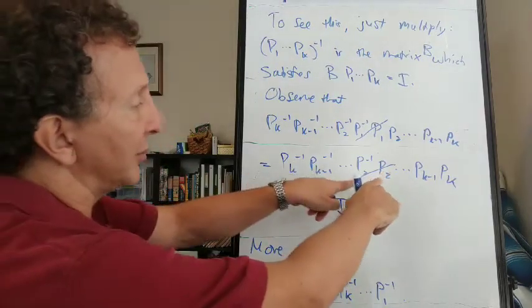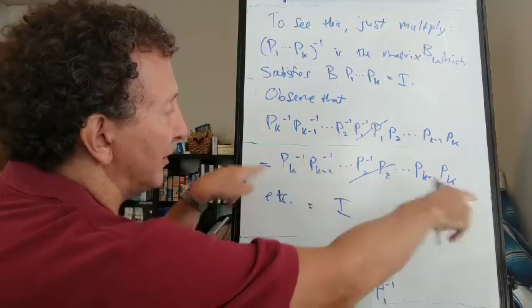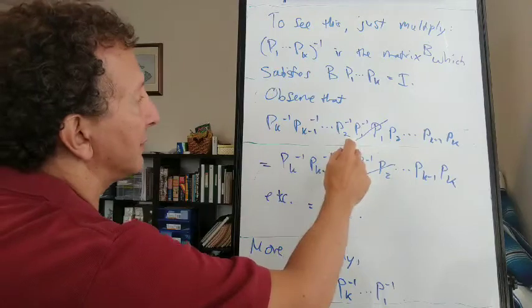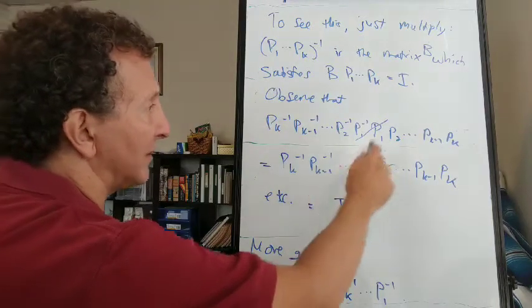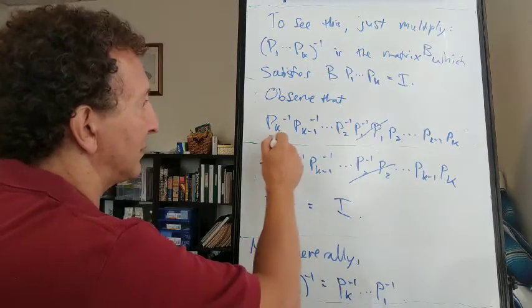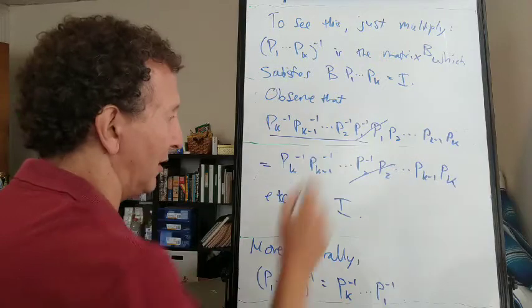And every time we cancel a matrix and its inverse, the next two are inverses, and the next two are inverses, and we eventually cancel everything. So this product of inverses backwards times the product of matrices forward does give us the identity. This therefore is the inverse of that product.